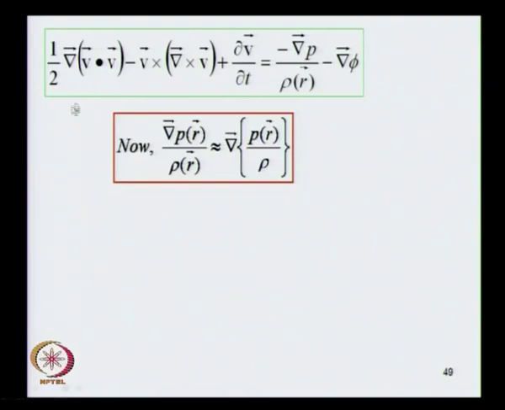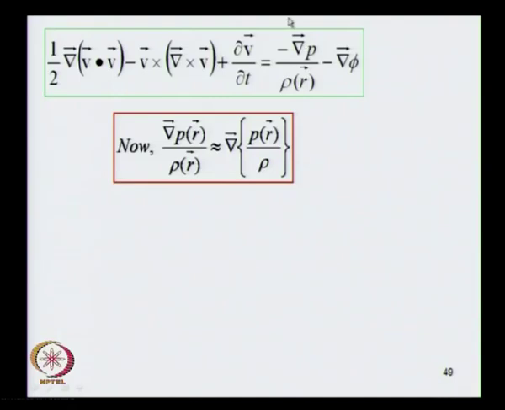Now, as would be obvious to you, if the density of the fluid is not changing very much from point to point, then this ratio of the gradient of the pressure to the density can also be written as the gradient of the pressure divided by the density, because if the density is not changing from point to point, it is like a constant, right.